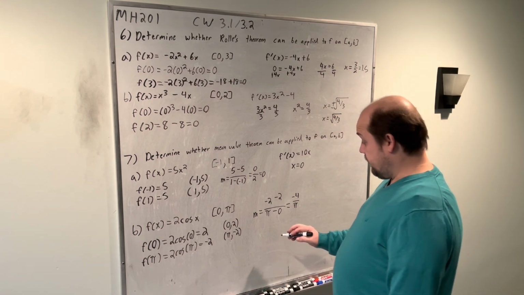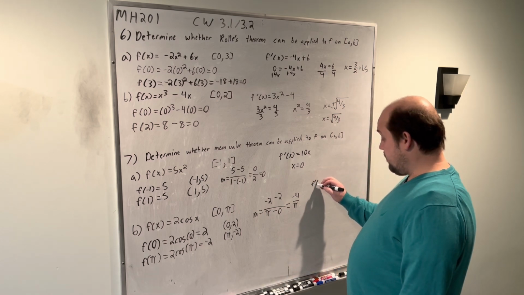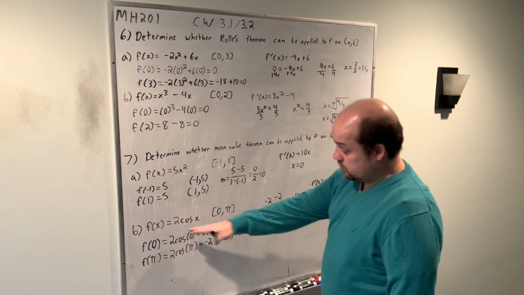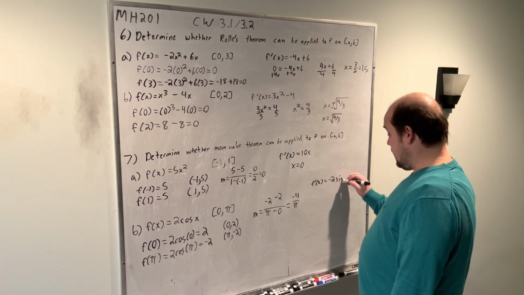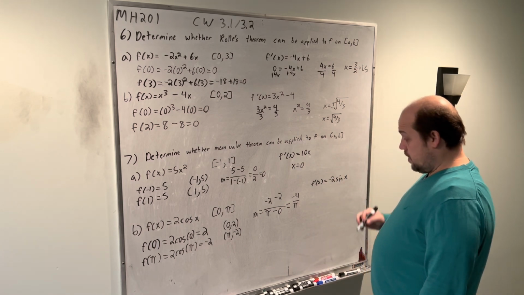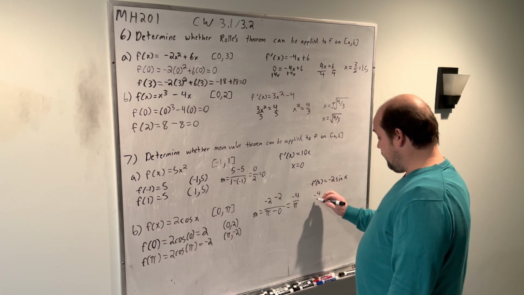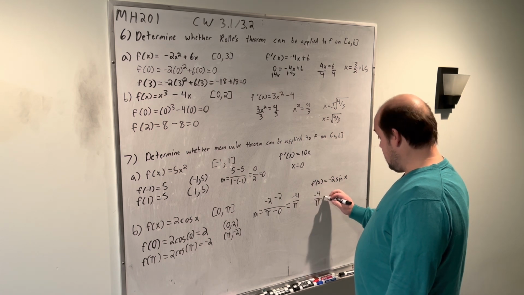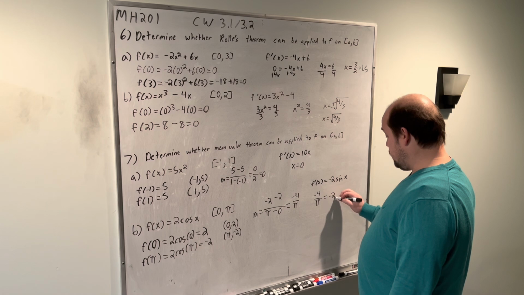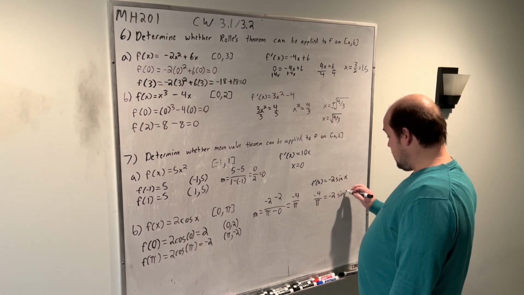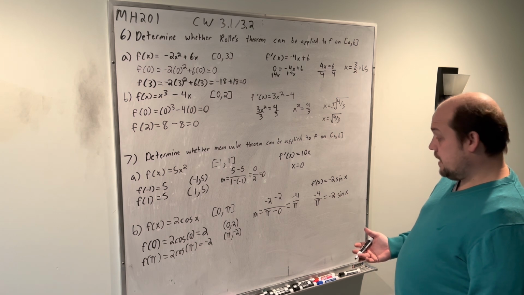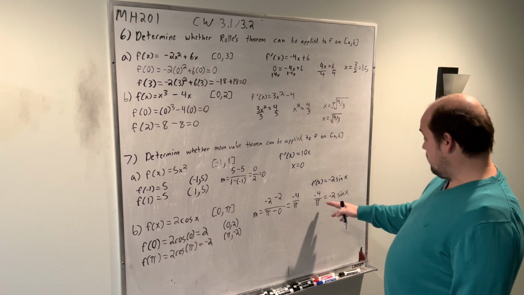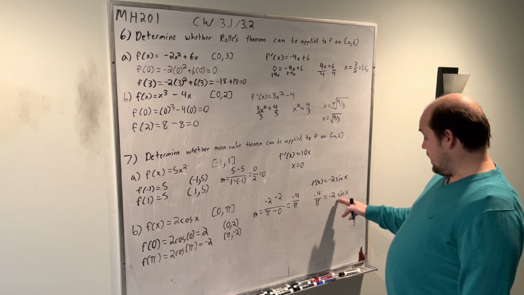So let's take a derivative. F prime of x, 2 cosine x becomes -2 sine x. If we set this up, -4 over pi equals -2 sine x. We then need to multiply both sides by pi.